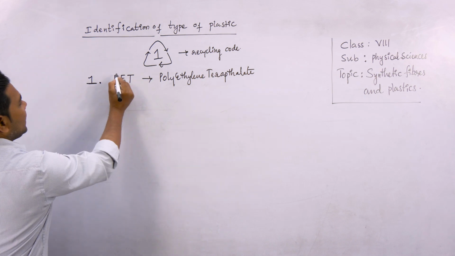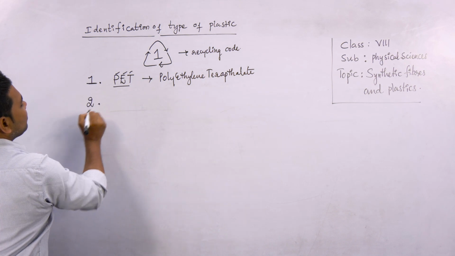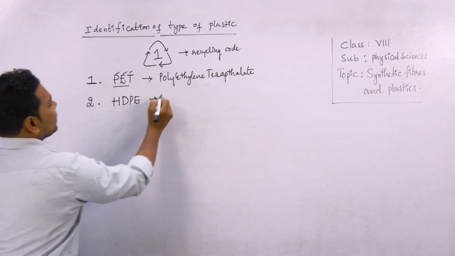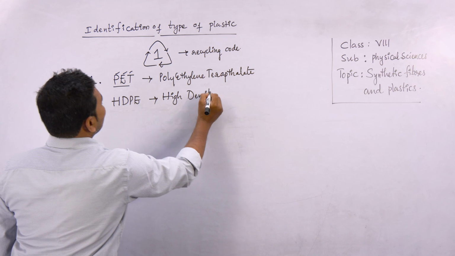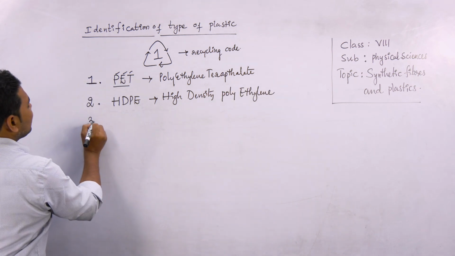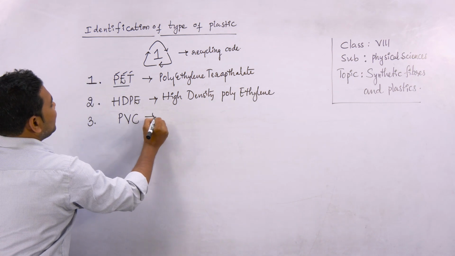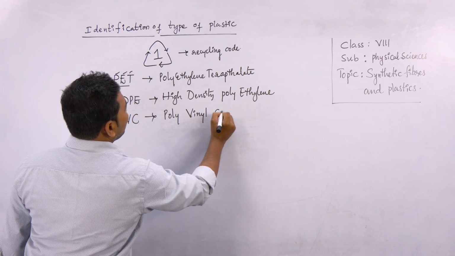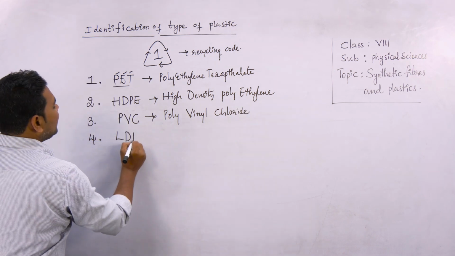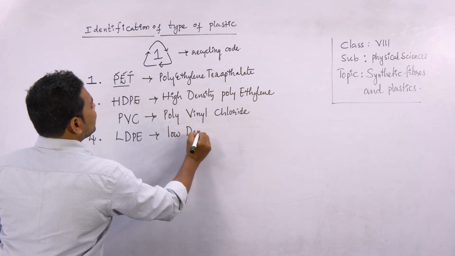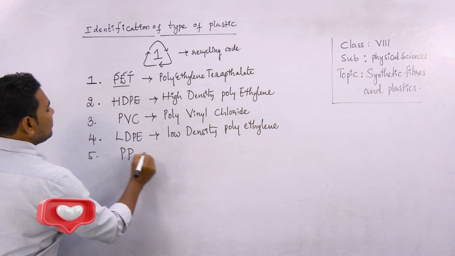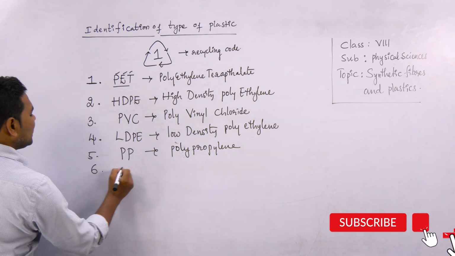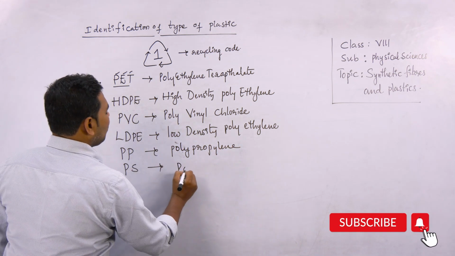If the code is number 2, we see HDPE. HDPE stands for high density polyethylene. Then we see another type, 3. Code number 3 is PVC, polyvinyl chloride. Number 4, LDPE, it is low density polyethylene. Number 5, PP, is polypropylene. Number 6, we see PS, it is called polystyrene.